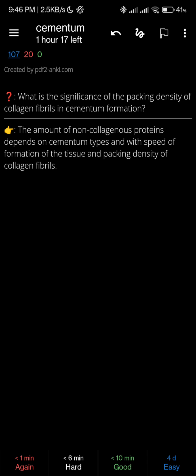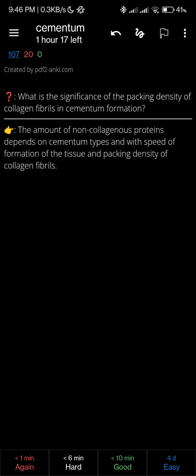The amount of non-collagenous proteins depends on the cementum types and the speed of formation of the tissue, and the packing density of collagen fibrils.